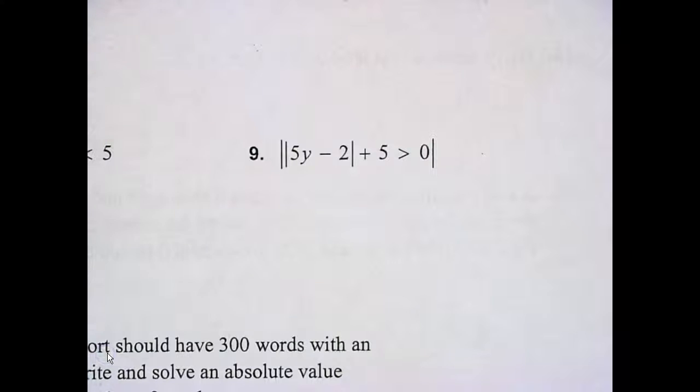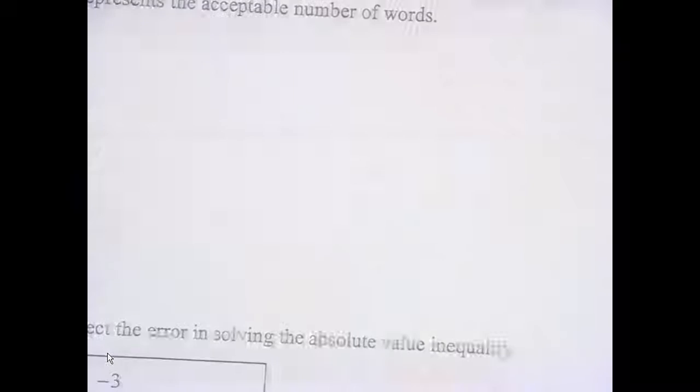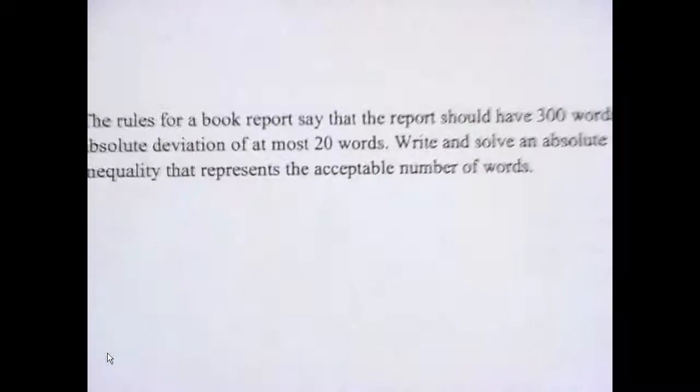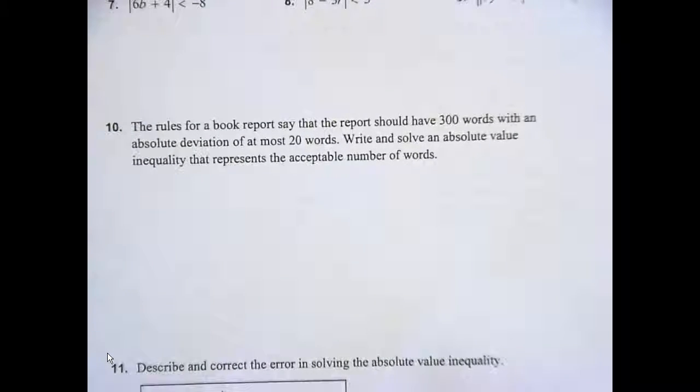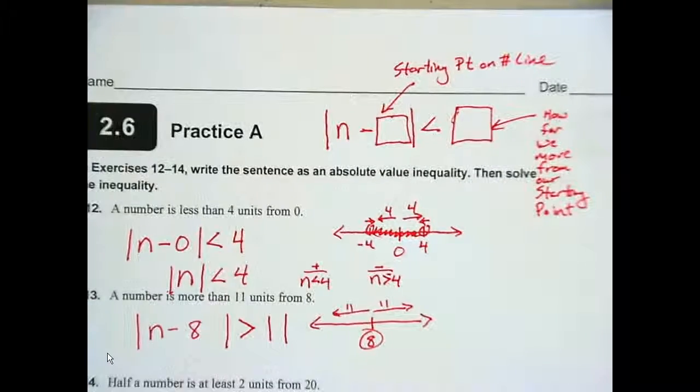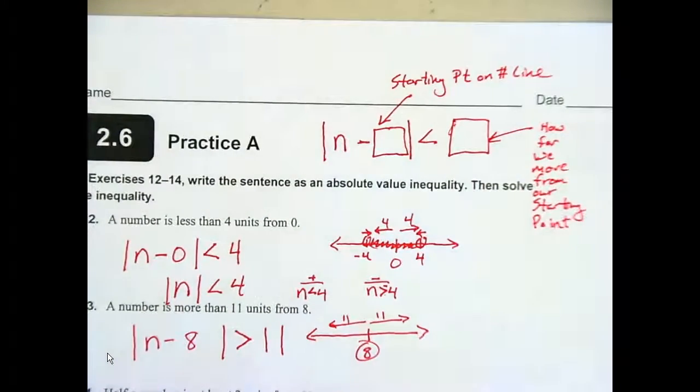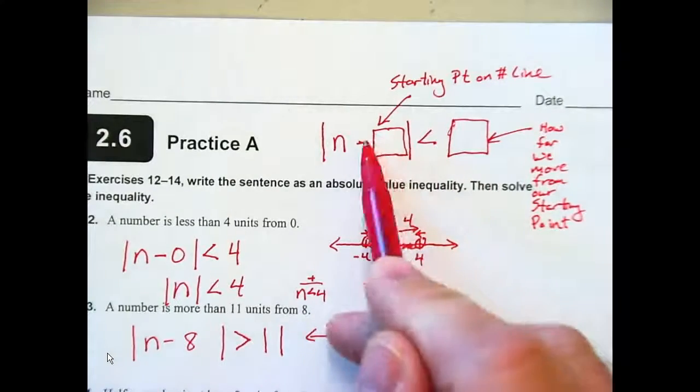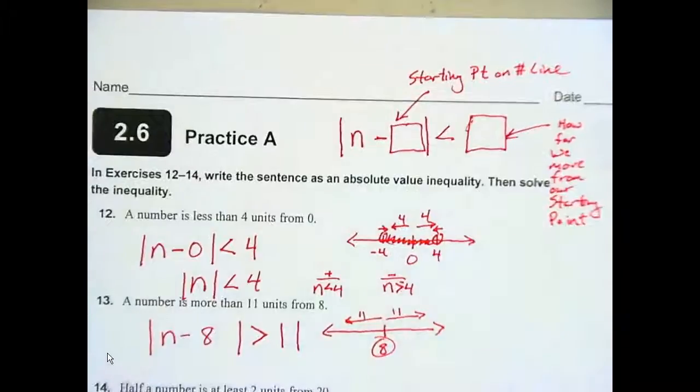All right, ladies and gentlemen, can I have your attention back up here? Some of you on number 10. Number 10 is a more beefy approach to the story problems that we did on the back, right? If we're using this same guideline, our starting point goes inside, and then how far we move goes on the outside.